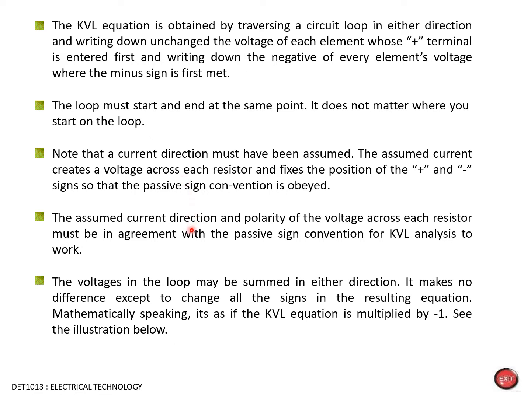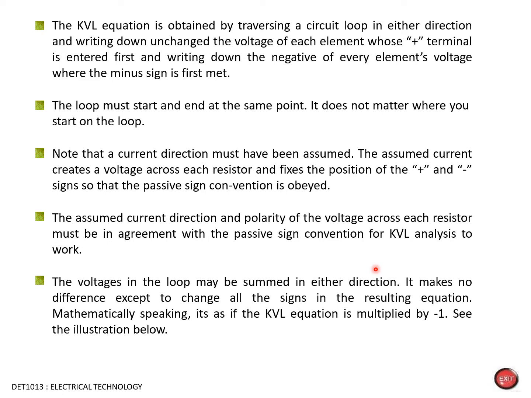The next one says that the assumed current direction and polarity of the voltage across each resistor must be in agreement with the passive sign convention for KVL analysis to work. So the current direction which you are considering and the voltage at any point across each resistor should be in agreement with the passive sign convention of the KVL.